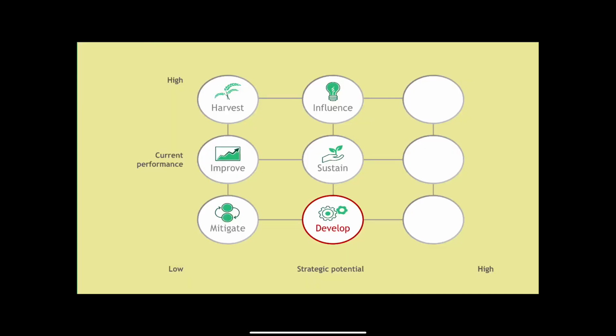So there are always startups, spin-offs out in the market. And in such a specific situation, it actually may make sense to dedicate some resources, invest some money to help a new player in the market emerge. We call this develop. But again, we would only do this if there's not enough choice in the market.